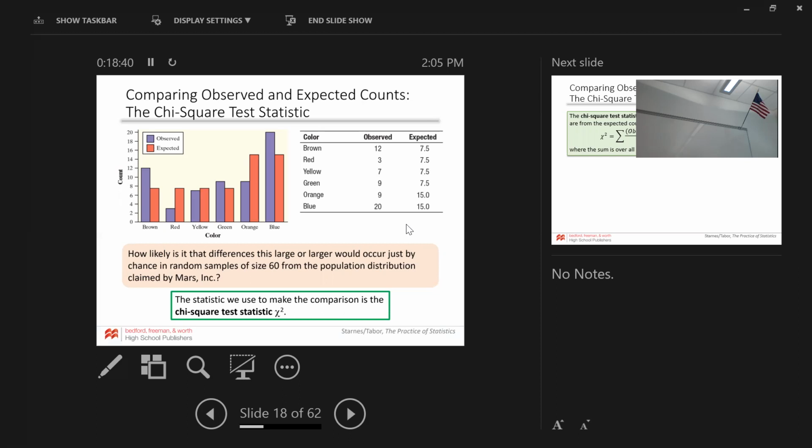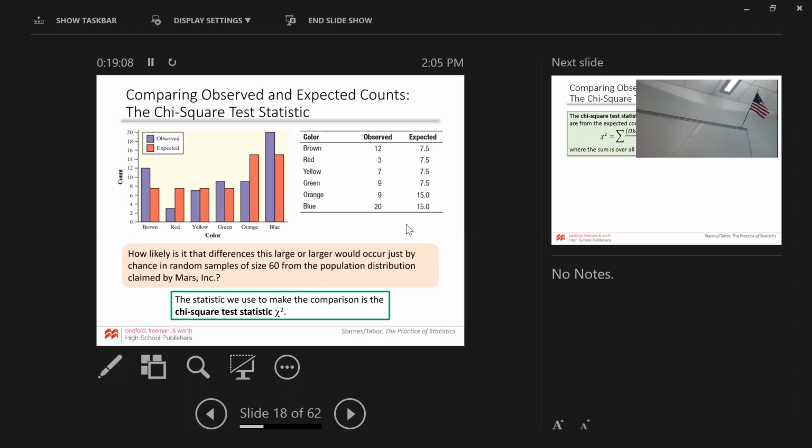What is the null? The null is that the proportion of M&Ms of every color is 1/8 except 2 colors are 1/4. The alternate is at least 2 are different than that. The p-value is 13%. The chi-square test statistic is 9.8 with 5 degrees of freedom.